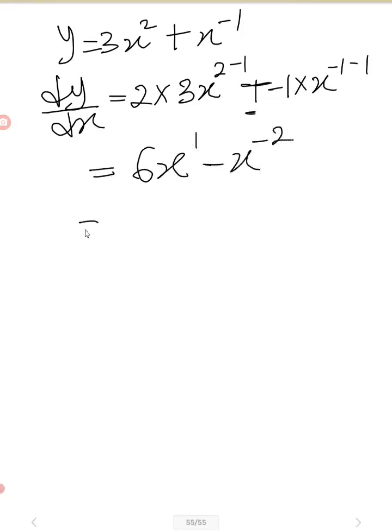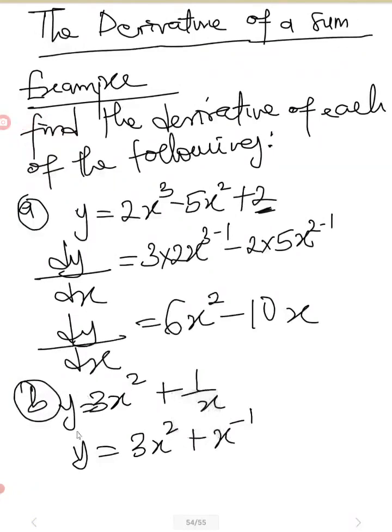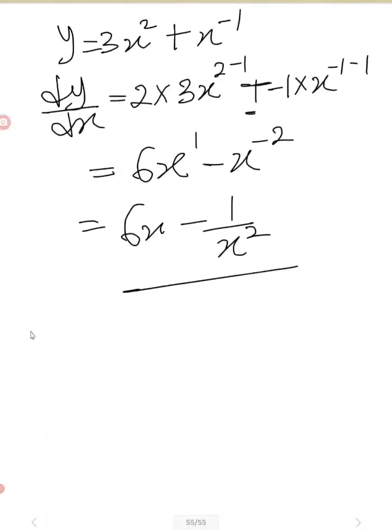Applying the indices again, we have minus 1 over x squared. This is just the derivative of y is equal to 3x squared plus 1 over x. So let's continue to have another example.